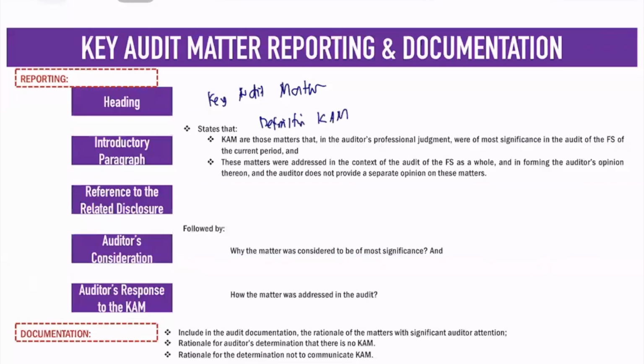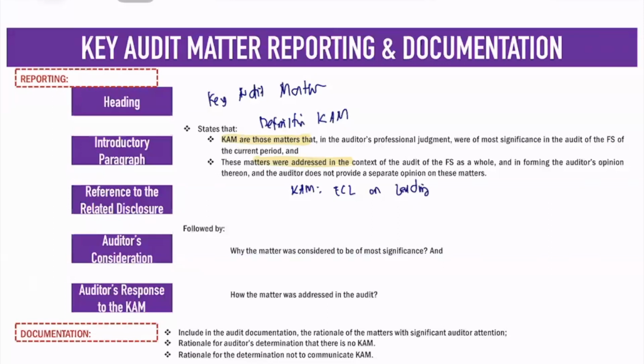And then, how was it addressed? So here, first we have the definition, and then how these matters were addressed in the audit. Next, you reference it to the specific disclosure. For example, our key audit matter a while back was the impairment loss or the expected credit loss on the lending of the bank.